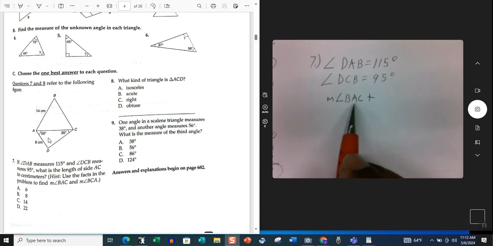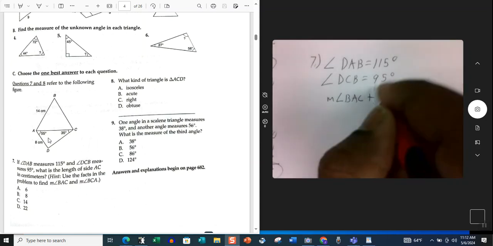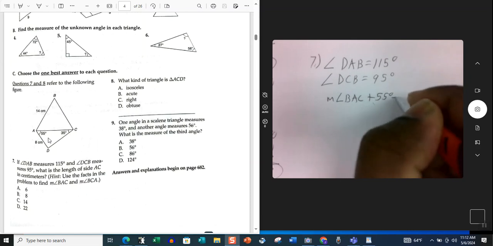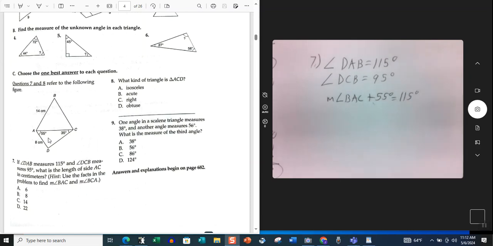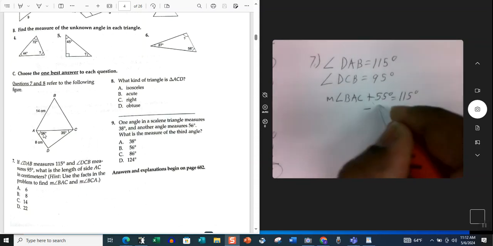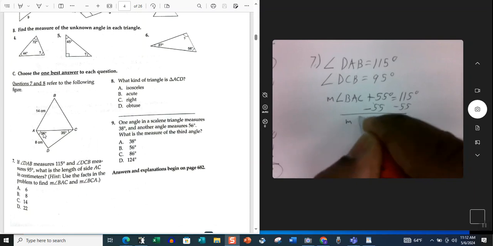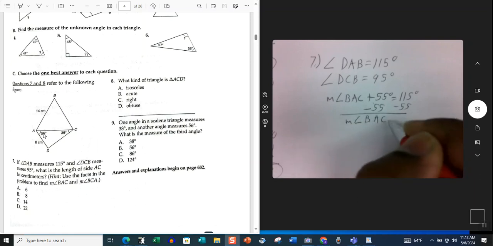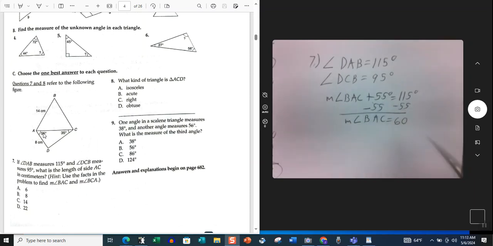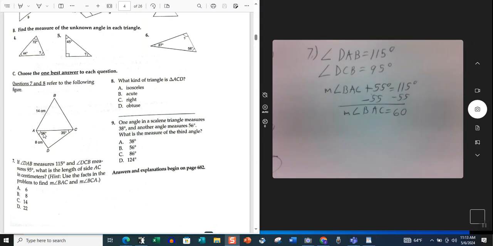So the measure of angle BAC plus the 55 degrees is supposed to be 115, because this all fits here. So we'll subtract 55 on both sides. So the measure of angle BAC is equal to 60. So this would be 60 degrees here.